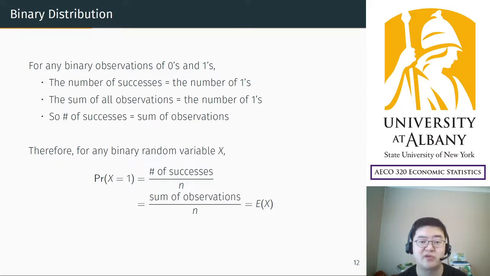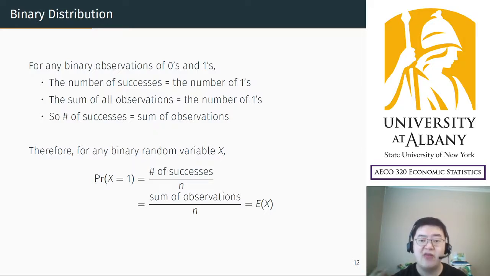But when you calculate the mean, you are adding all those observations. But when you add ones and zeros, adding zeros does not make any difference, so you can just drop all the zeros. So simply you are adding a lot of ones.